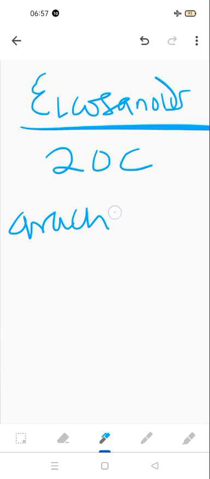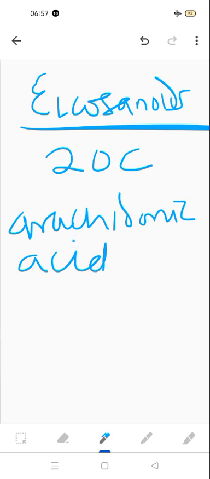Arachidonic acid is also a 20 carbon tetraenoic acid, which is seen in animal fat, like meat, like egg, and all of that. Arachidonic acid can also be synthesized from plant materials, primarily from linoleic acid.